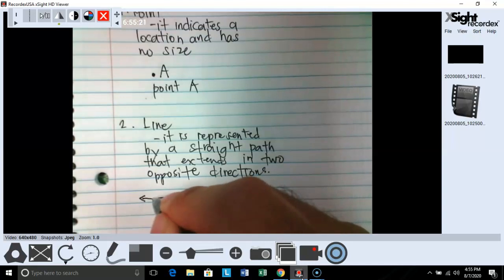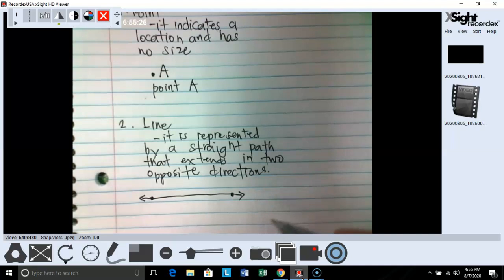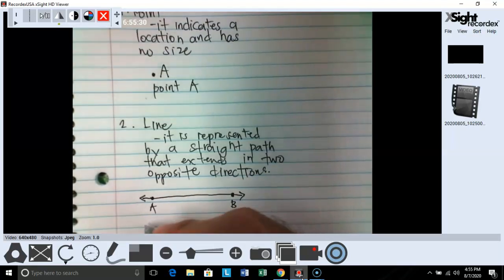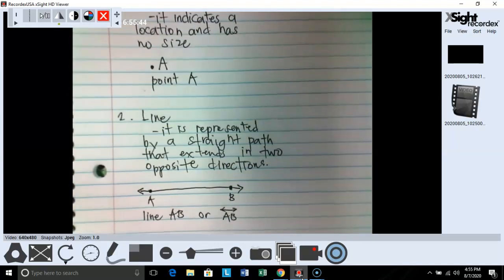So that's how we draw it. To name a line, we can use 2 capital letters. So we can say line AB, or we can use the symbol like that, line AB.